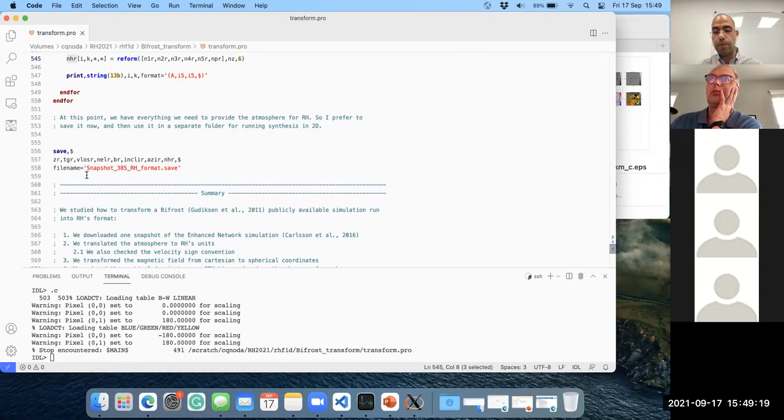If you want to run calcium, you call this. If you want to run sodium or potassium or magnesium, you call this snapshot, and then you can use it. If you want to have different lines, remember that the height domain needs to be updated. But for every photospheric plus chromospheric line, you can just call this and it will work.